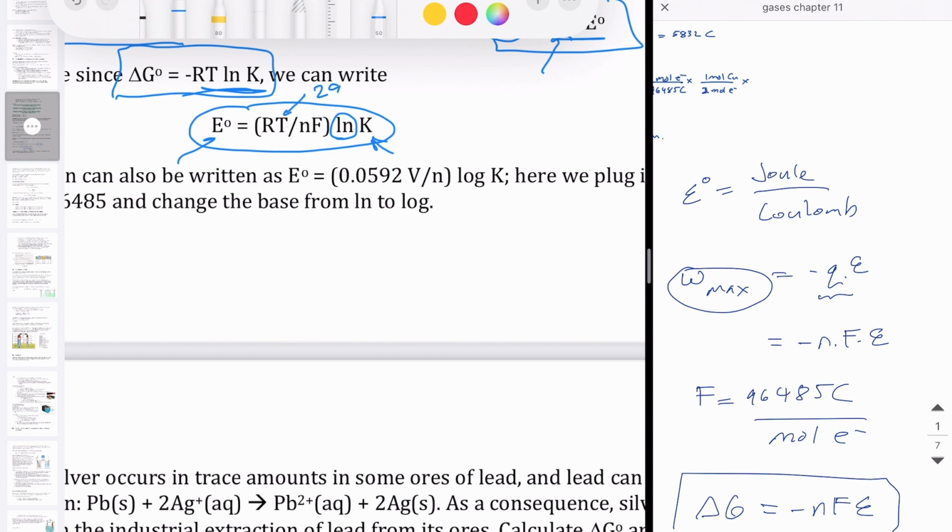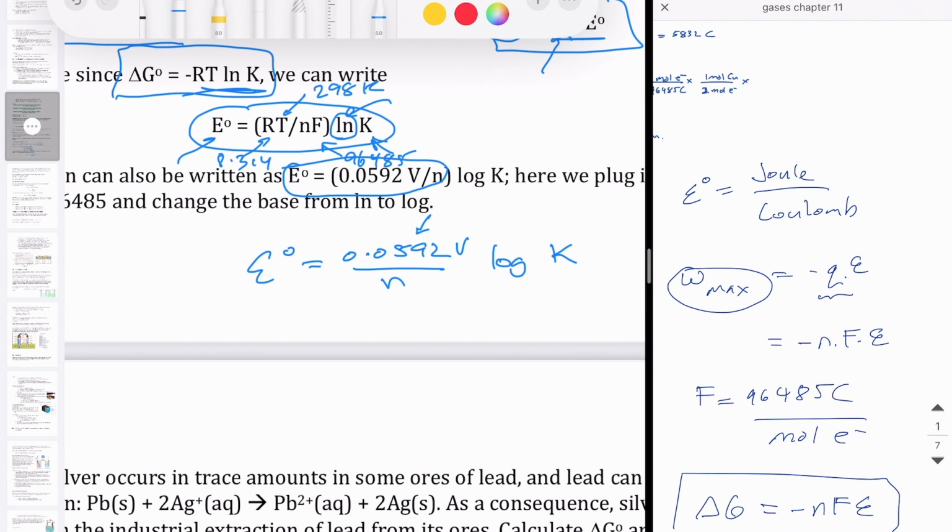When we used to do this without a calculator, this equation was often simplified by assuming the temperature is 298 Kelvin and plugging in the gas constant, 8.314, and Faraday's constant, 96,485. You can rewrite the equation like this: E naught equals 0.0592 volt over N, where N is the number of moles of electrons, times log K. You change the natural log to log base 10, and all of that goes into this number, 0.0592.